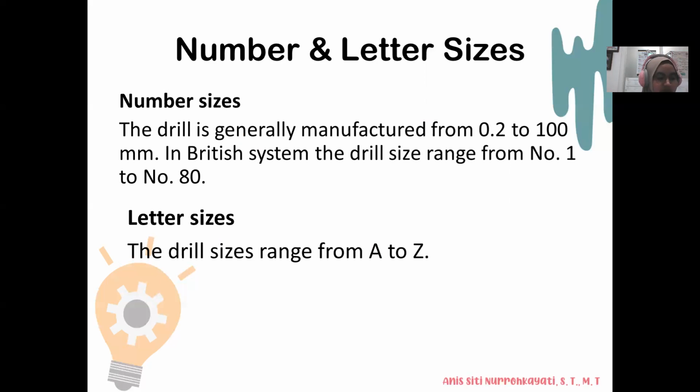The diameter of drills increases in steps of approximately 0.002 inch. The next is letter size. The drill size ranges from A to Z, A being the smallest, having a diameter equal to 0.234 inch, and Z being the largest, having a diameter equal to 0.413 inch, increasing in steps of approximately 0.010 inch.